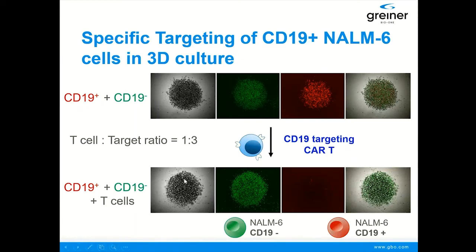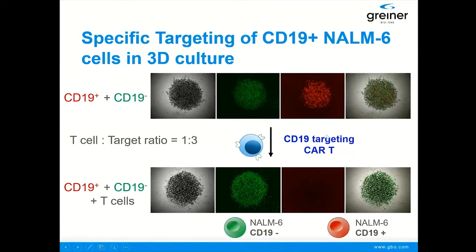So instead of using the chromium assay, which is traditional assay, which is nasty, we actually took CD19 positive cells, and they express red fluorescent proteins, and we took a CD19 negative, which express a green fluorescent protein. And we mix the two together. We magnetize them, and then we mix the two together. And with the magnetic field, we focus them right in the middle of the well, okay?